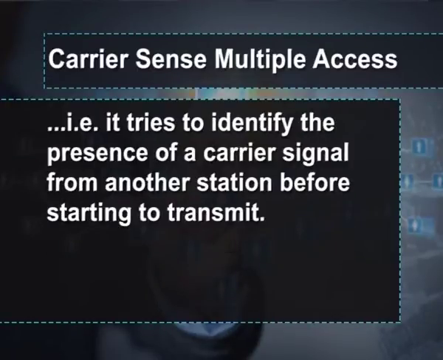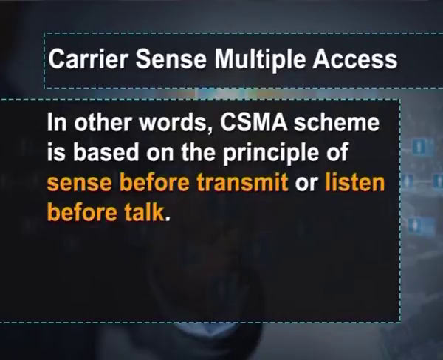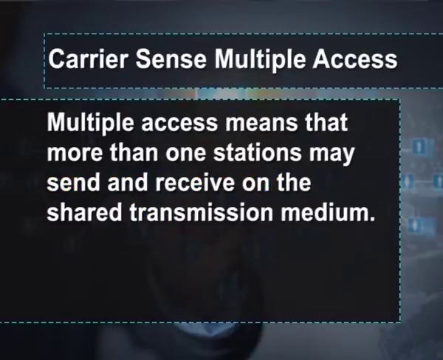That is, it tries to identify the presence of a carrier signal from another station before starting to transmit. If a station senses a carrier, the station waits for the transmission in progress to finish before starting its own transmission. In other words, the CSMA scheme is based on the principle of sense before transmit or listen before talk. Multiple access means that more than one station may send and receive on the shared transmission medium.